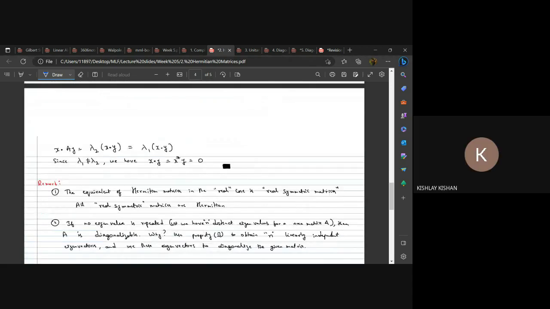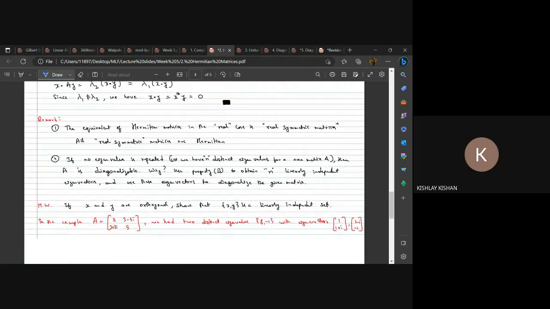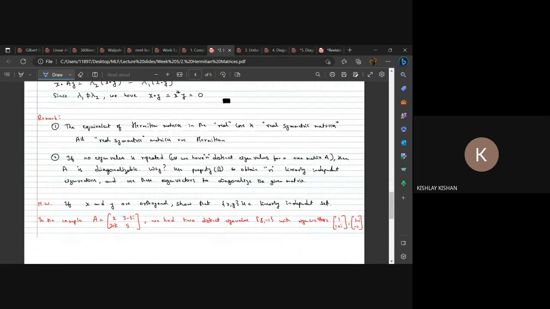Only because the vectors are orthogonal, can we conclude that eigenvalues are distinct? Sorry, can you repeat? Because for any Hermitian matrix the eigenvectors are orthogonal, can we conclude that eigenvalues are distinct? No, the other way is not correct.